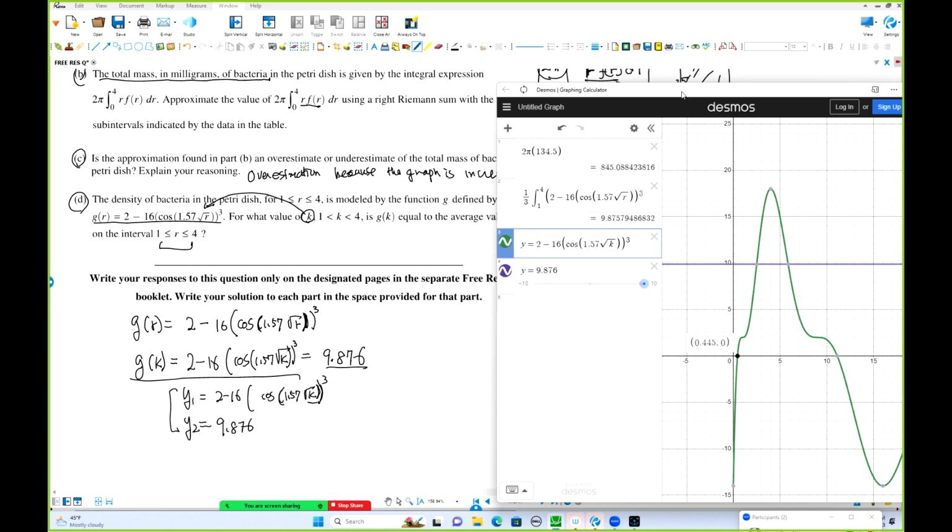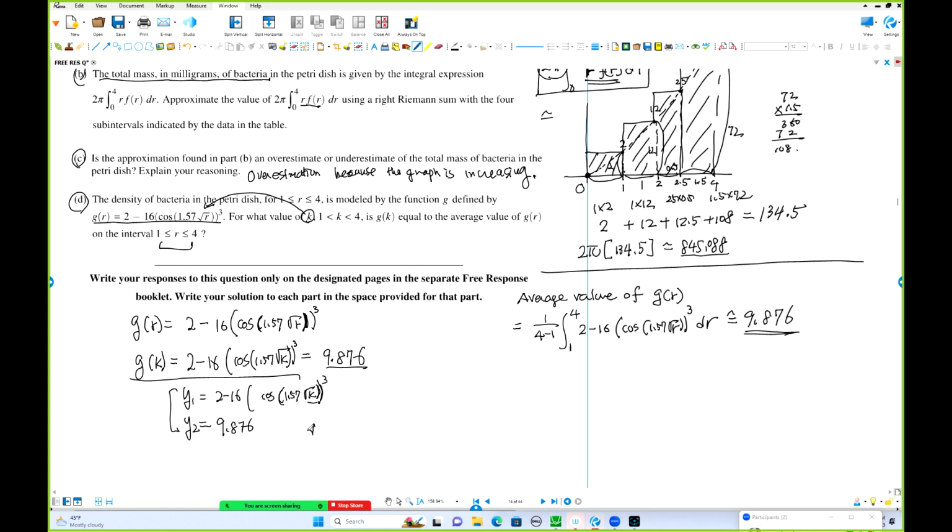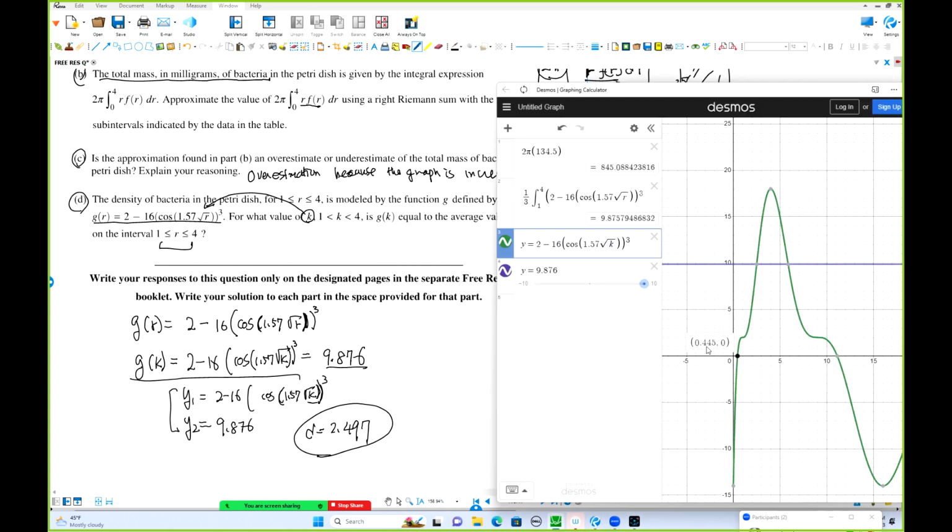Okay, in the answer key, we have A, B, C is correct, but this we have different. D is over here, 2.497. When I make a graph over here, it's going to be 0.445. I'm sorry, not this one, okay?